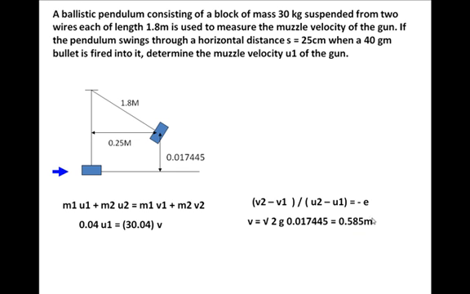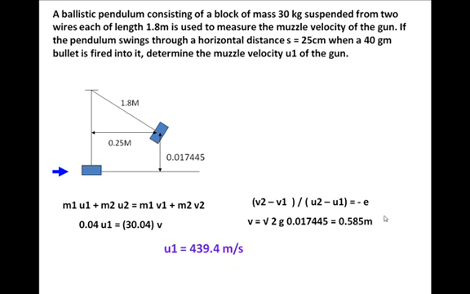Fine. And now when I put this value of 0.585 meter per second here, I will get my velocity u1, the muzzle velocity of the bullet, as 439.4 meter per second. Velocity cannot be in meters, it's meter per second.